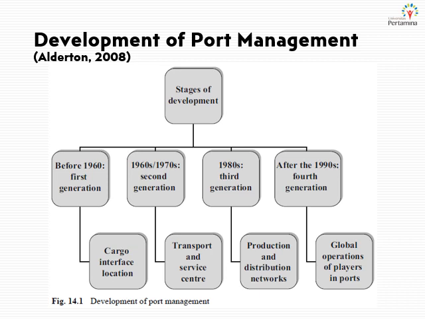And so in a simple sentence, for before the 1960s, the first generation of port, the function of the port is only for cargo interface location. Ya, hanya untuk pertemuan kargo dari kapal ke darat atau dari darat ke kapal.